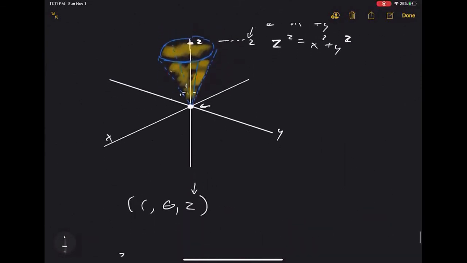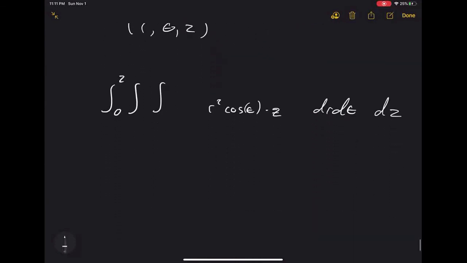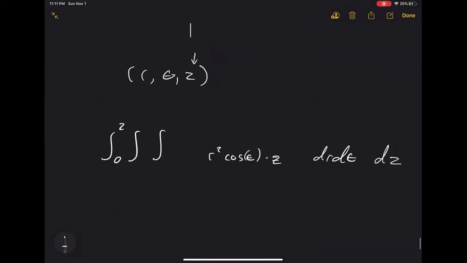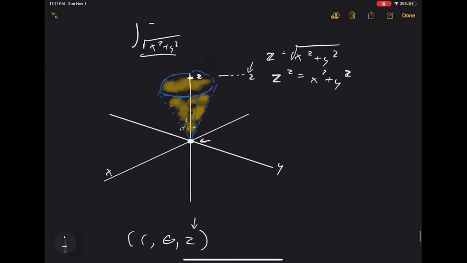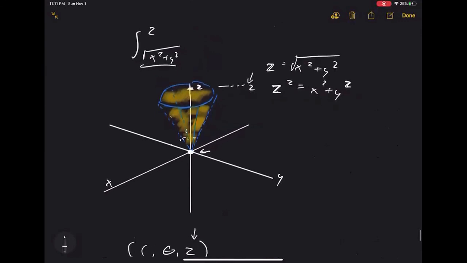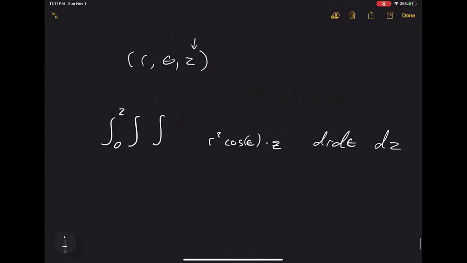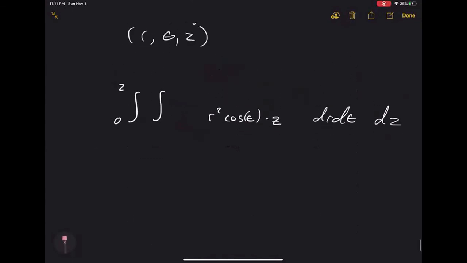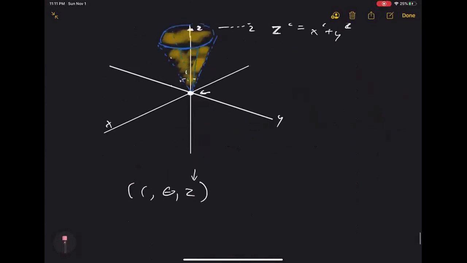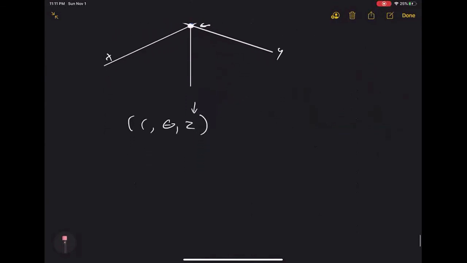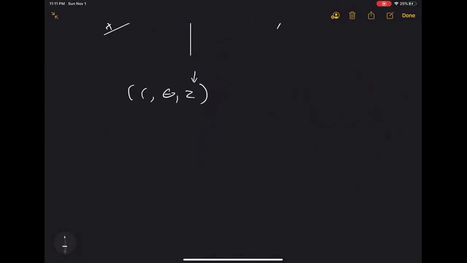Okay, so looking at this, well, let's start from scratch. Maybe we shouldn't have the z bounds be the outermost. Let's just look at our region and try and write the bounds for this in cylindrical coordinates from scratch.